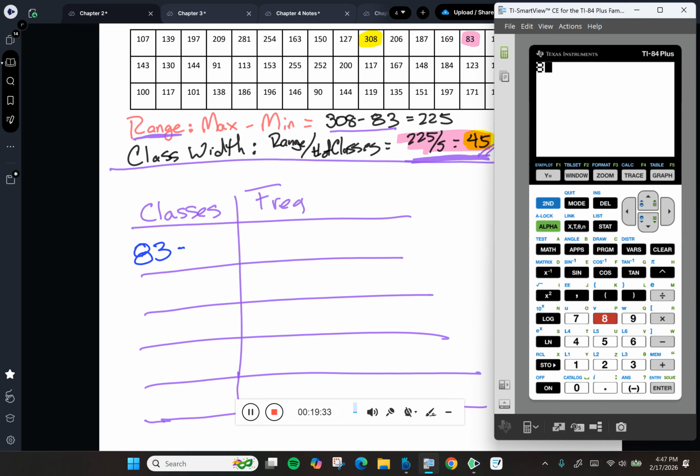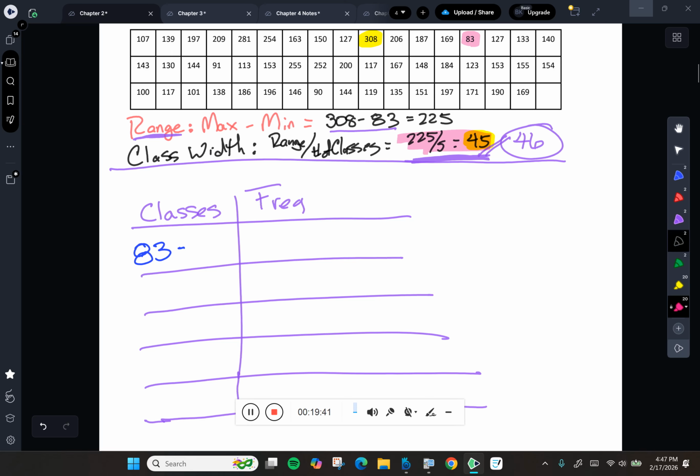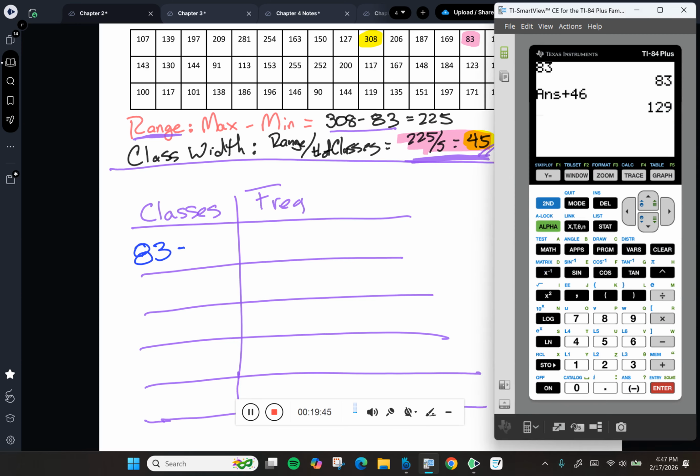So we're going to take that lower class limit of 83, and now we're going to add, instead of 45, we're going to add 46 each time, which makes the lower class limit of the second class be 129, and then 175, and then 221, and then 267.